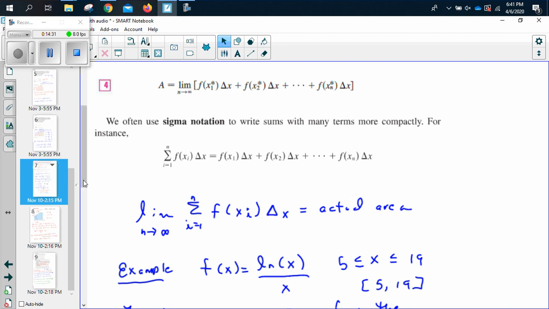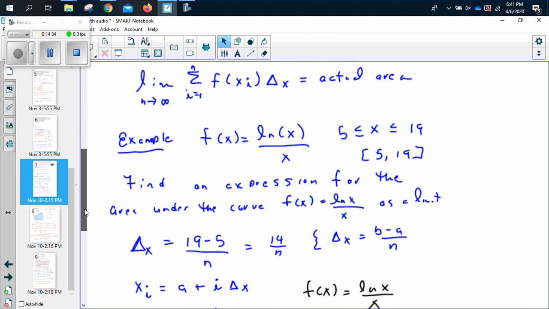And so, for example, say the function is the natural log of x over x, and the interval is from 5 to 19. We just want to find an expression for the area under the curve written as a limit. So my delta x is going to be 19 minus 5 over n.